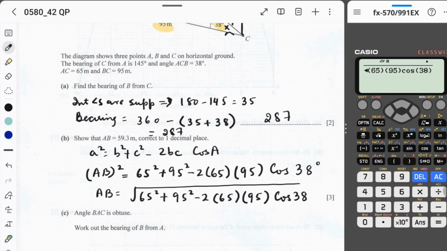Bracket close, equal sign. This is 59.313. 59.313 is approximately equal to 59.3, which is required in this question, and we had to show this, and this is done.